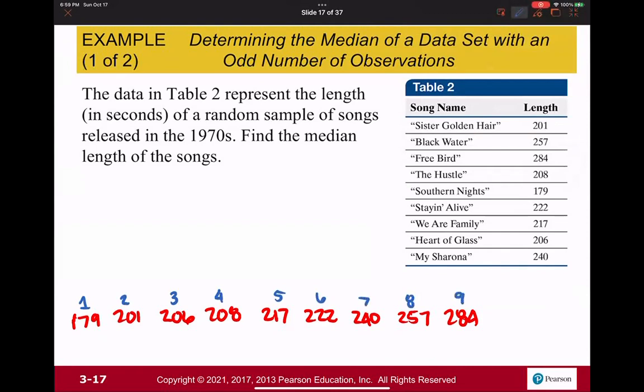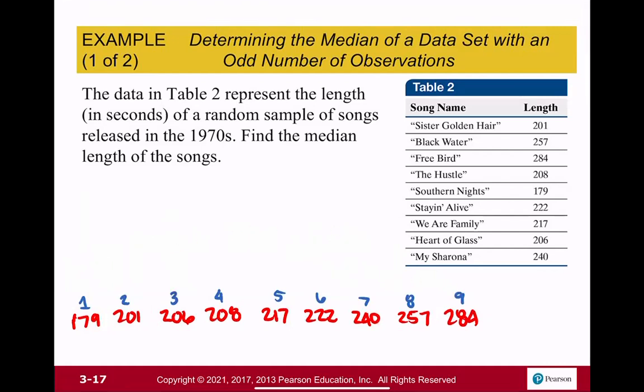So since we have an odd number of values, we're able to just pick the middle number. There's not going to be the average of two numbers here. One way we could do this is to cross out numbers from each end: one missing here, one missing here, then the second one, the third one from the last. And breaking it all the way down, we see that the middle number is this fifth one.